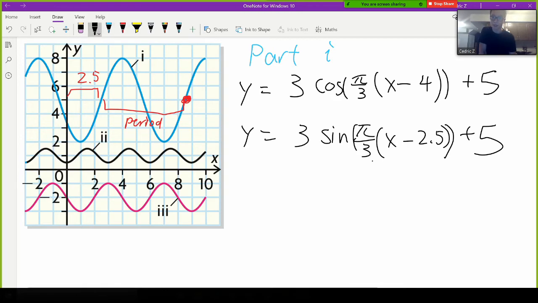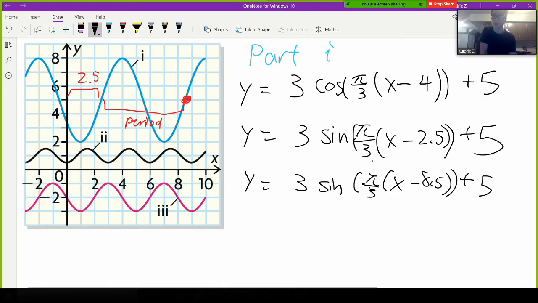So another function that I can fit is going to be 3 times sine pi over 3, which doesn't change the horizontal stretch. X, now I'm shifting 2.5 plus a full period to the right, which is 2.5 plus 6, right? 6 is my full period. So that means my horizontal shift is 8.5 units to the right, and my vertical shift doesn't change, okay?